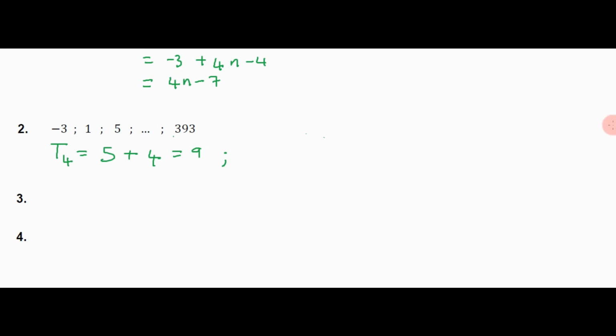Then we also want the 5th term. We add 4 to the 4th term, so that's 13. The 6th term is 13 plus 4, which is 17. And the 7th term is 17 plus 4, which is 21. So we have the values of the 4th, 5th, 6th, and 7th terms.